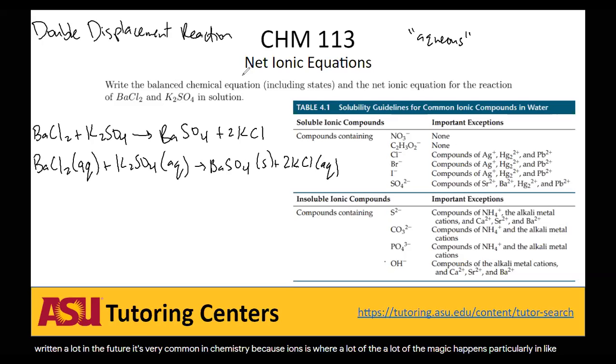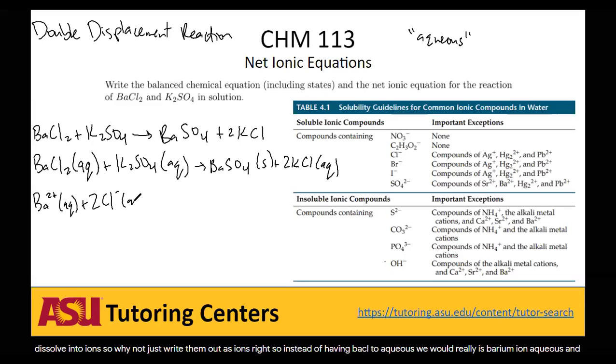in acid-base chemistry. Okay, so now the ones that are aqueous, because they're soluble, are going to dissolve into ions. So why not just write them out as ions, right? So instead of having BaCl2 aqueous, we would really write it out as what it truly is: barium ion, aqueous, and 2 chloride ions, aqueous.